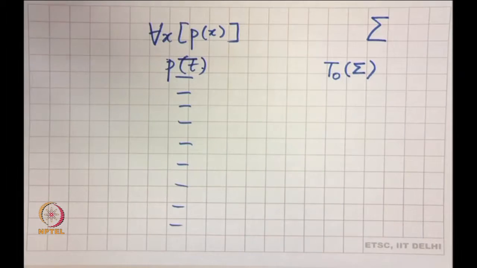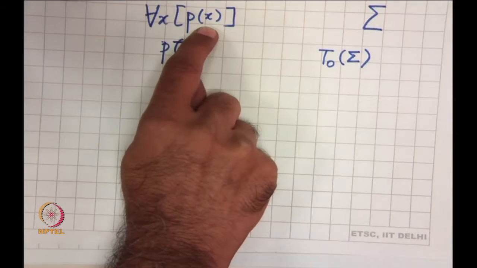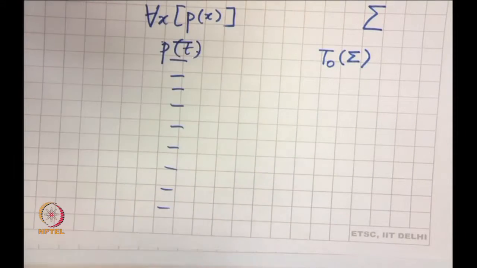So theoretically, this infinite path is a sort of tableau for this predicate. However, from an implementation point of view, we are not interested in those infinite paths.